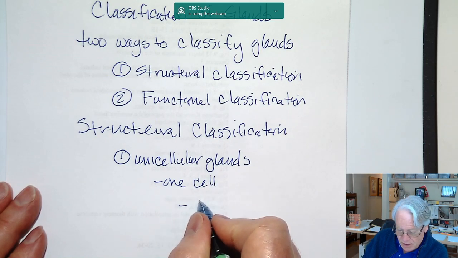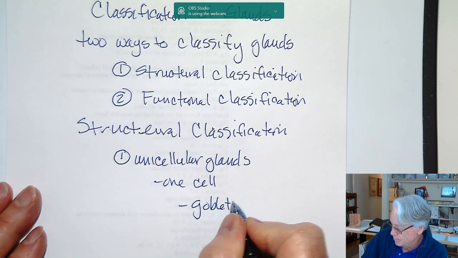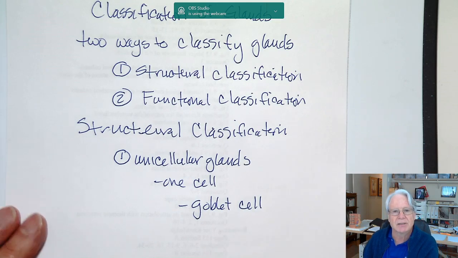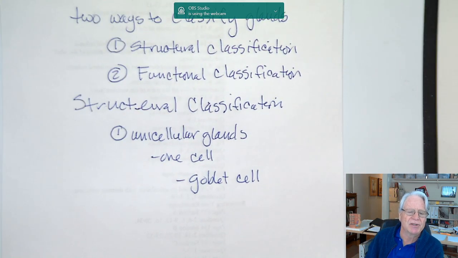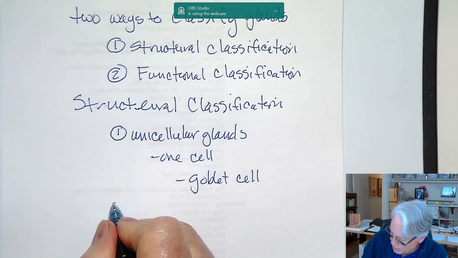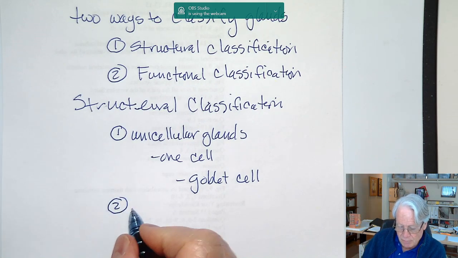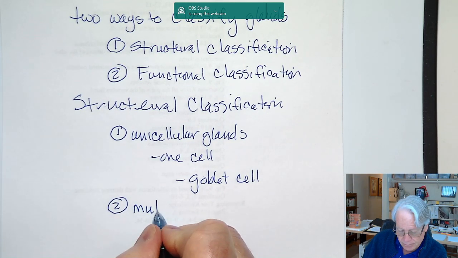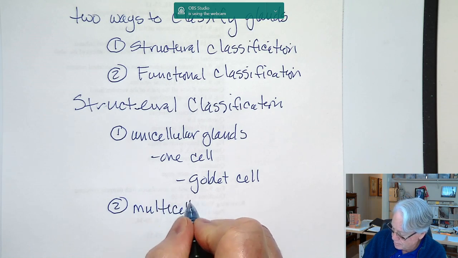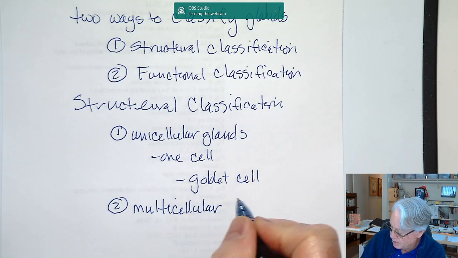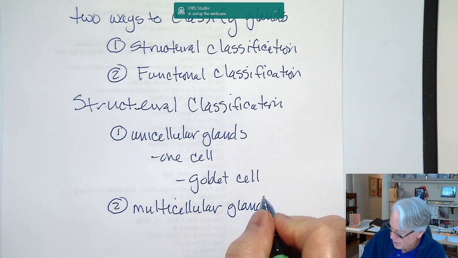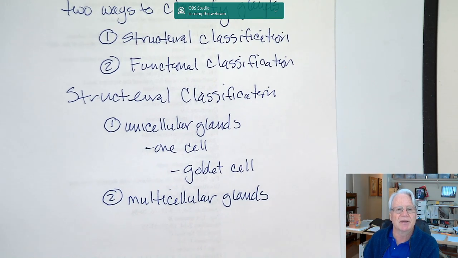An example, goblet cells. Okay. Unicellular, just a single cell. Number two, multicellular glands. And there are so many examples of this, one of which we just saw. In fact, both of the examples we saw with exocrine and endocrine glands are both multicellular glands.